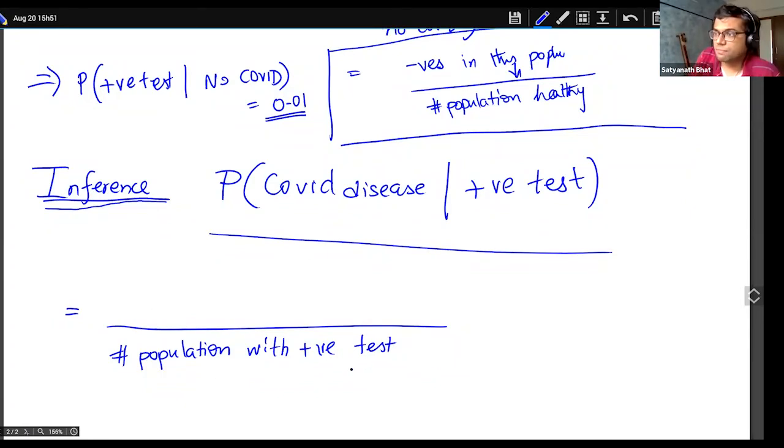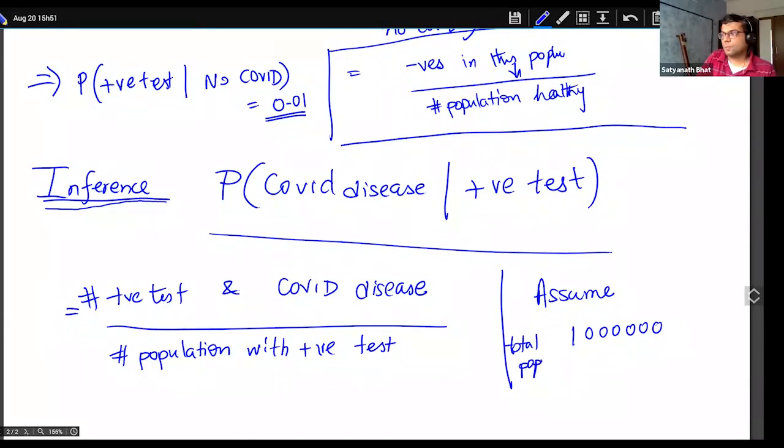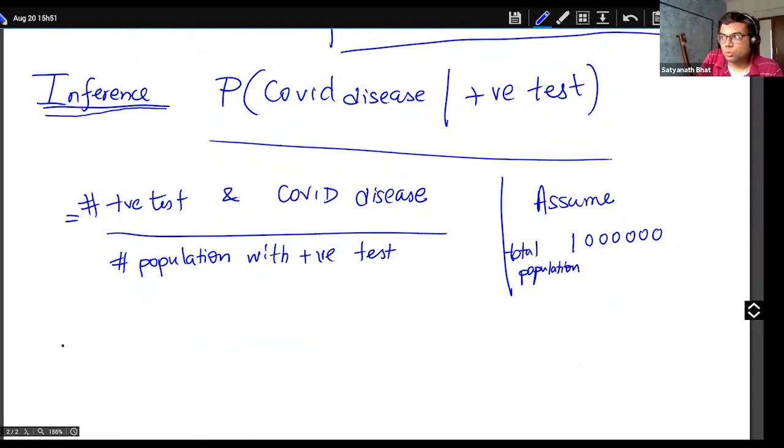So this is the population with positive tests. What will the numerator be? The number of people with a positive test and COVID disease. To do this calculation, let us assume that the population is 1 million. This is the total population. Let's use what we know and try to compute this denominator.